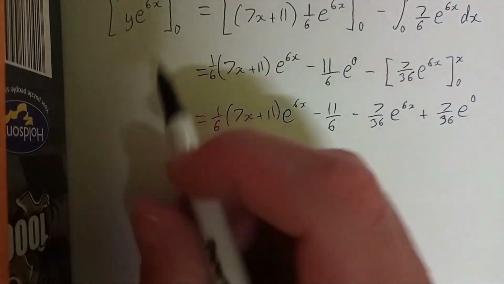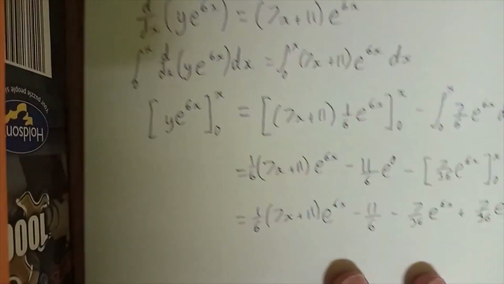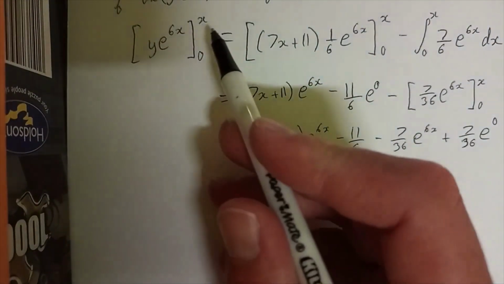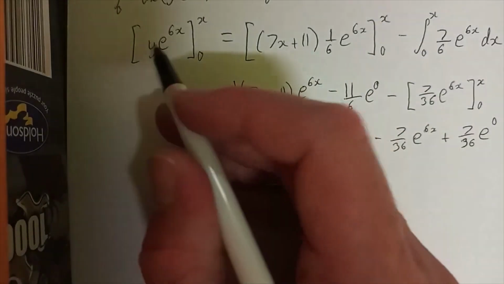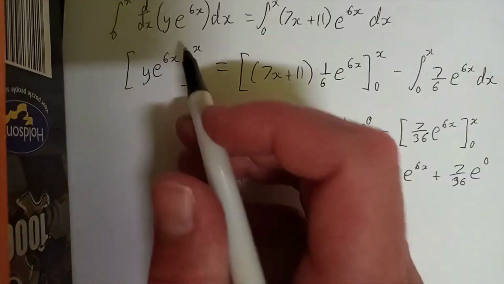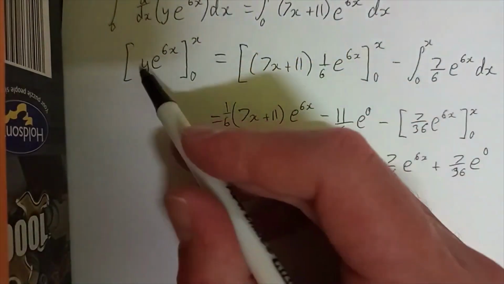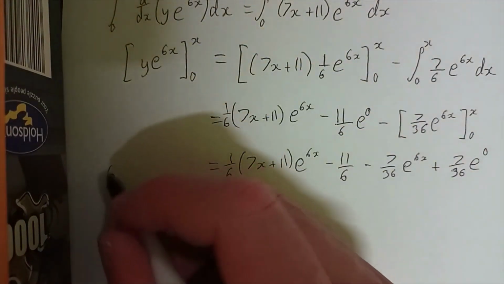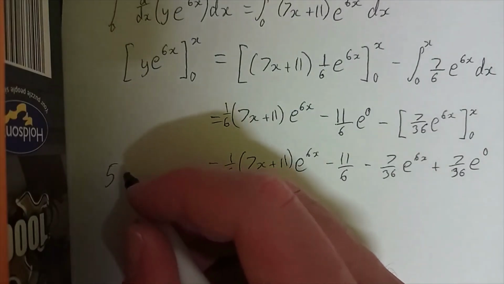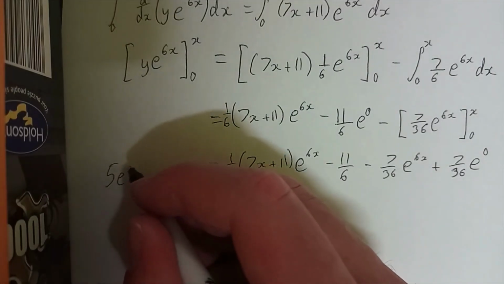So this gives us that we can also evaluate the left-hand side as well. So at x equals 0, y is 5, so we've got 5 e to the 0.